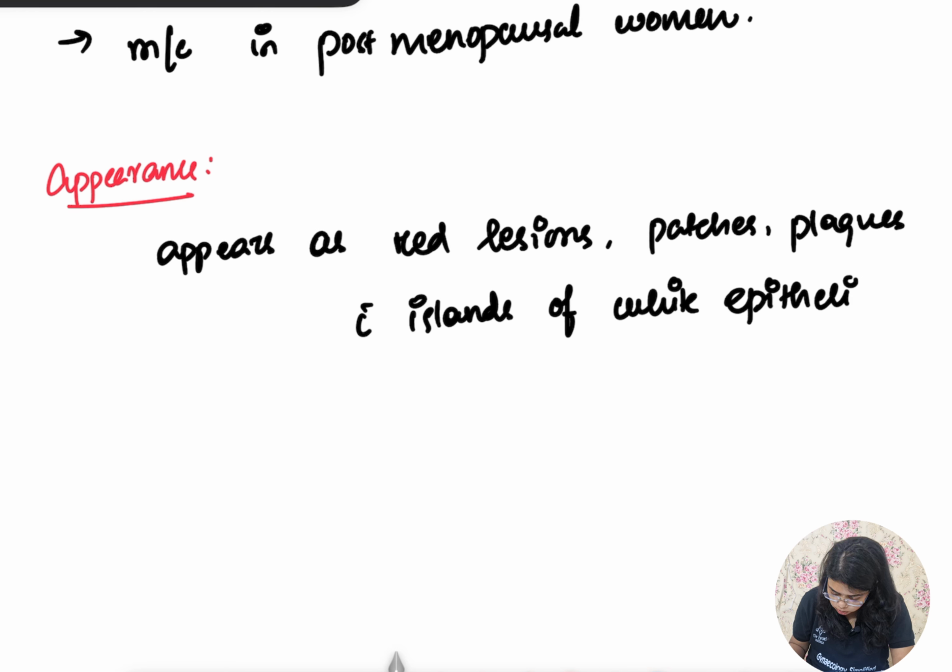Why white? Because of atrophy. The surrounding epithelium is atrophied and appears white due to loss of the subcutaneous fats, and the lesion itself appears as red.